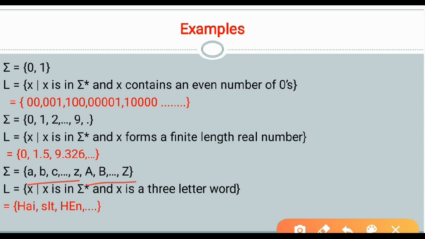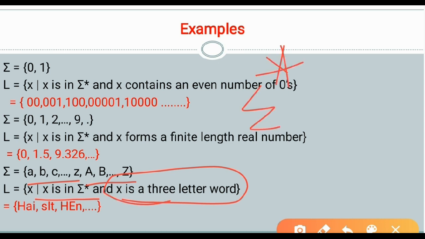So {x | x is in sigma star, and x is a 3-letter word}. Sigma star means it should contain all possible values including null.